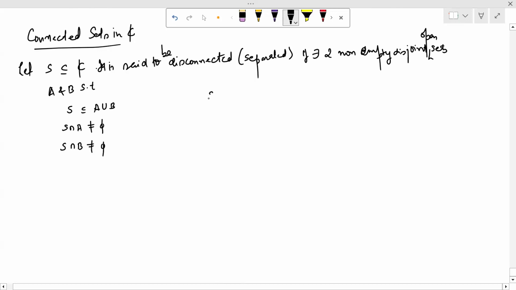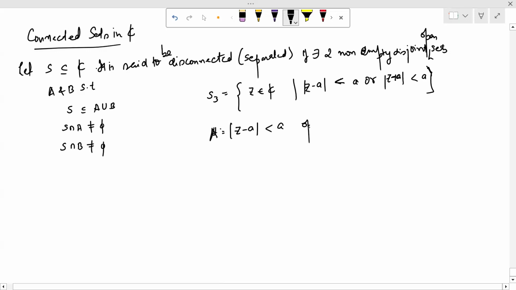So clearly, one of the sets that I wrote yesterday, S3, which is all Z belonging to C such that modulus of Z minus A is less than A, or modulus of Z plus A is less than A. Clearly see, I can write my set A simply as modulus of Z minus A less than A. First thing, this is an open set, right?